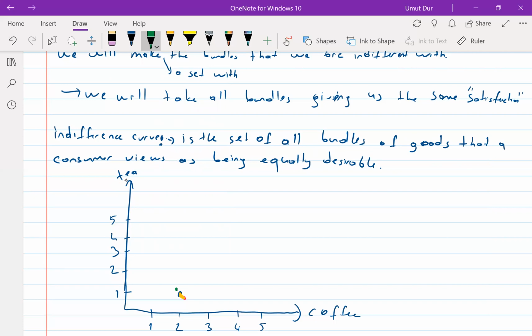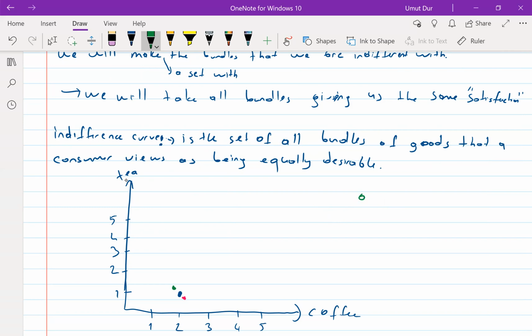So green and blue I am indifferent with. Let me make it more clear. I'm taking just those 3 points.